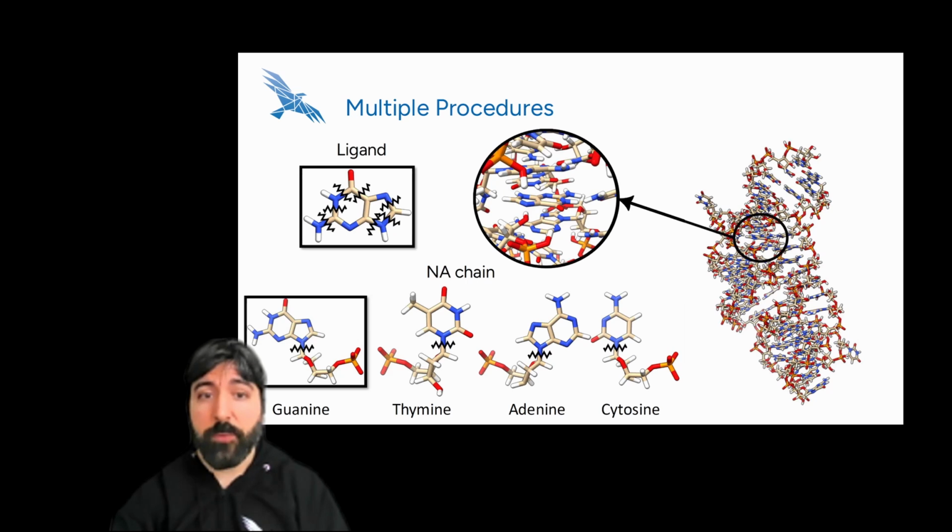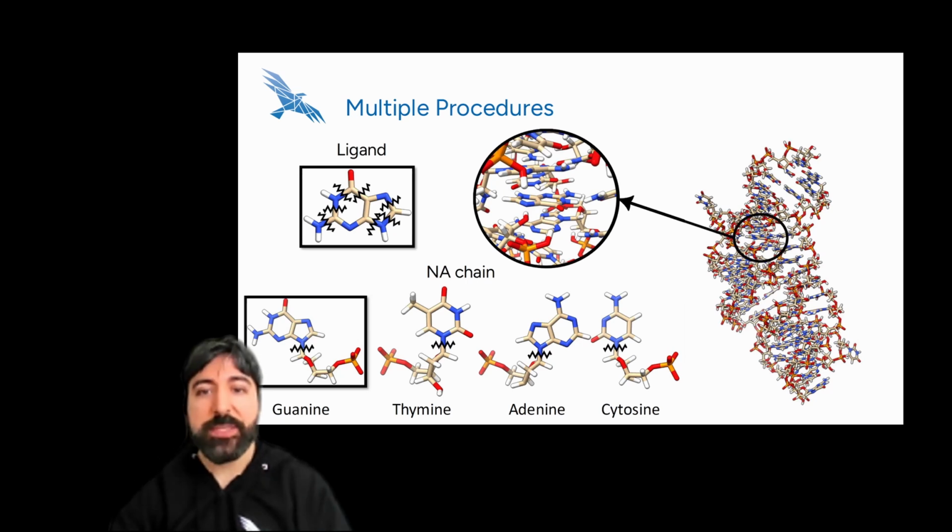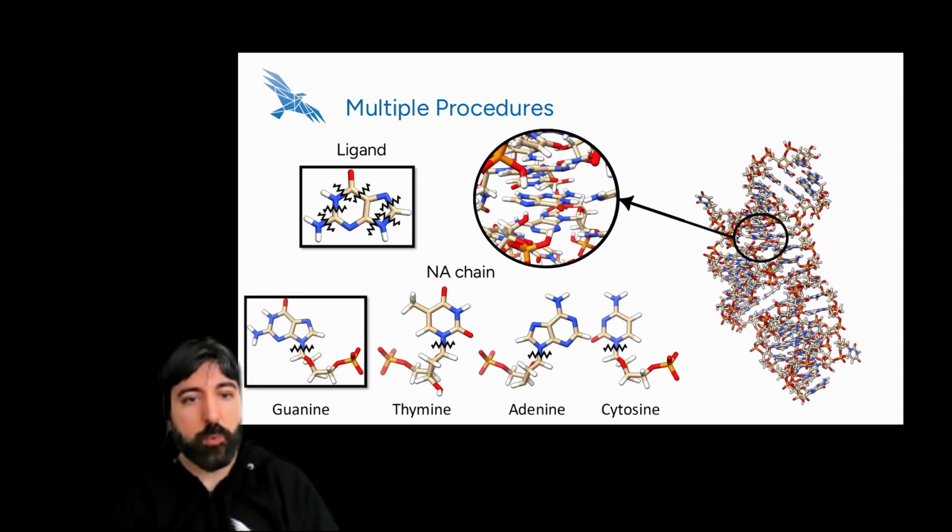On the other hand, if we first attempt to detect and assign the small fragments needed to split the ligand, we will unintentionally fragment the side chains of the nucleic acids.